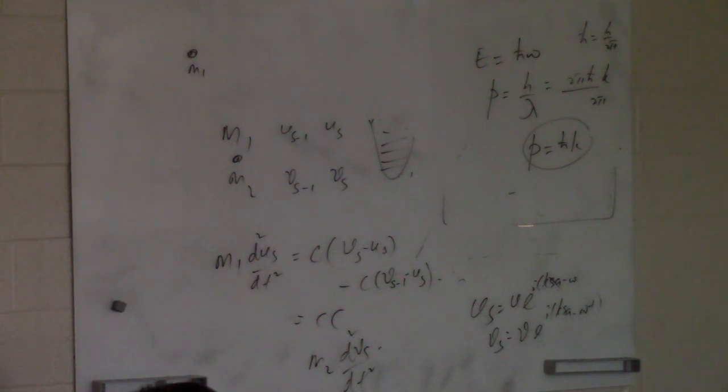But how about momentum conservation? That depends on the energy of the phonons. If this one has wave vector k1 and this is k2, then you have h cross k1 plus h cross k2 equals h cross k3, if it is a very low energy situation.